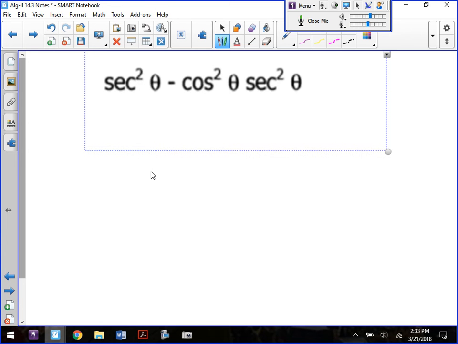Okay. Secant squared minus cosine squared times the secant squared. What do you think you need to do first? Take a guess.